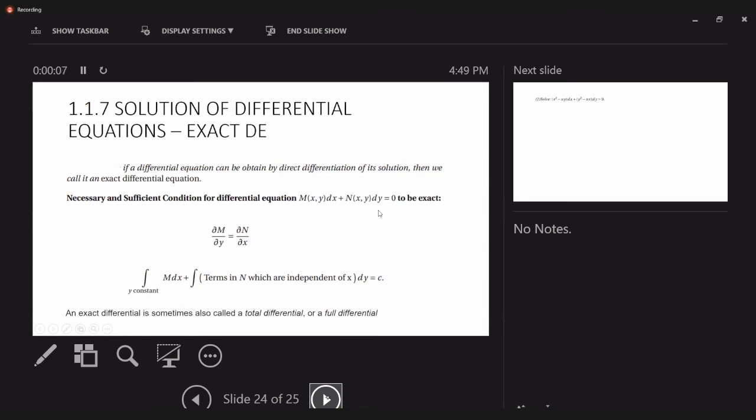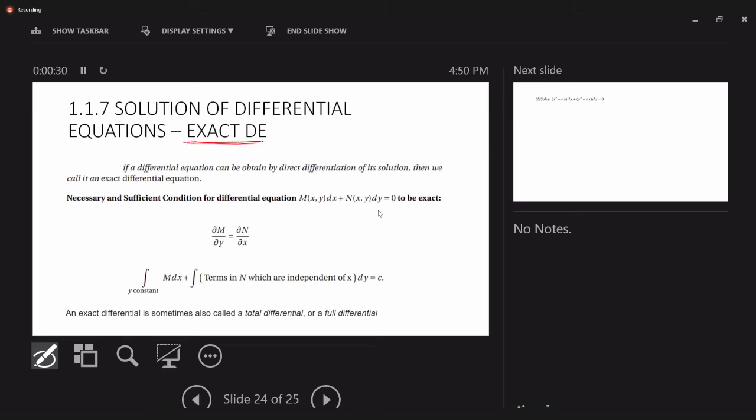So today's class, let us see if we have time to solve the exact differential equation, we will solve it. Otherwise, I will just tell you the definition and all the other supporting things, and then we will stop over here. All right, so now we are talking about one more special type of differential equation, which is called exact differential equation.